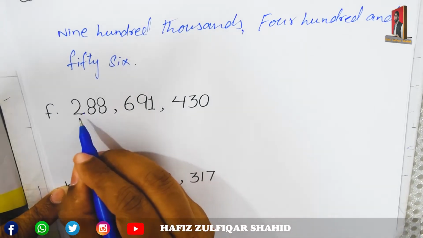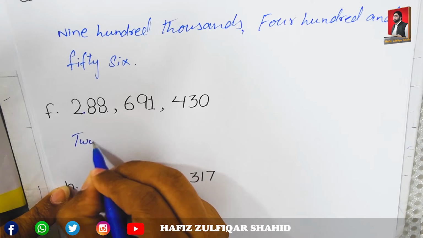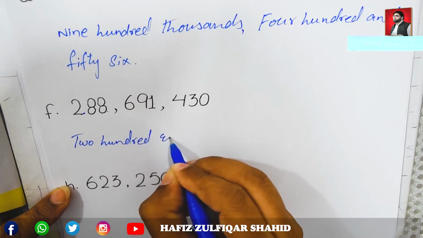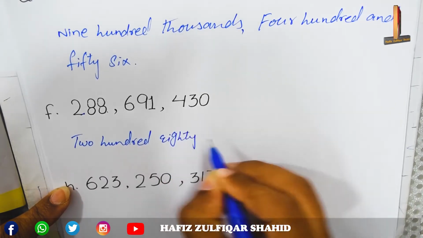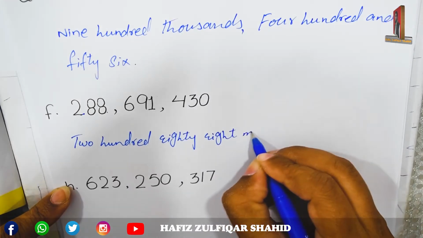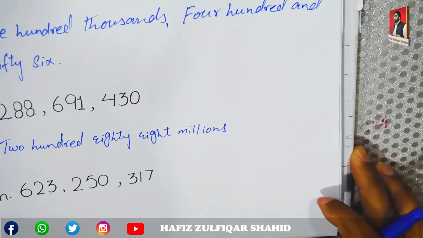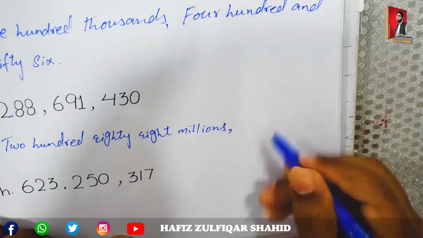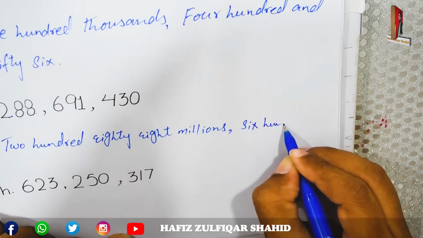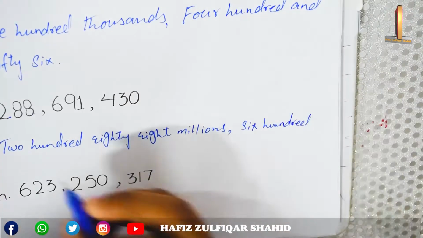Let's start from 288 million. Millions. Next is 600 thousand.